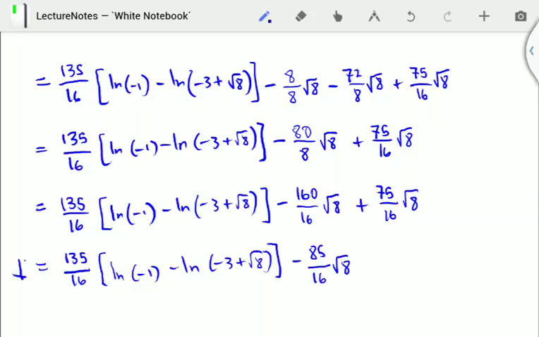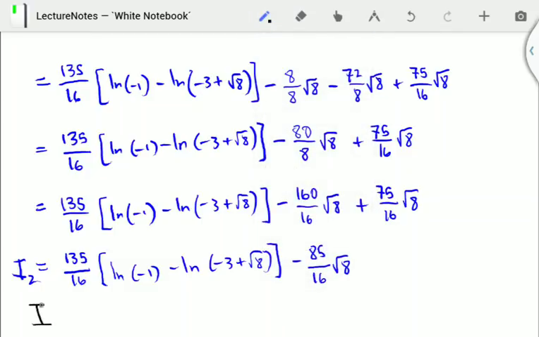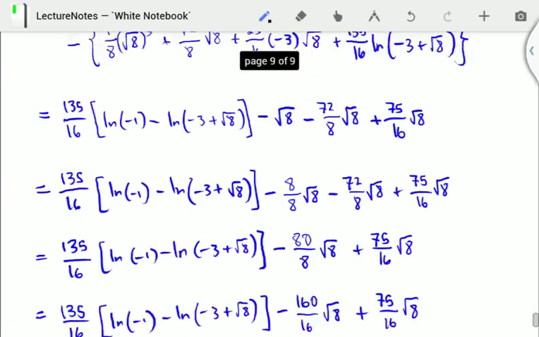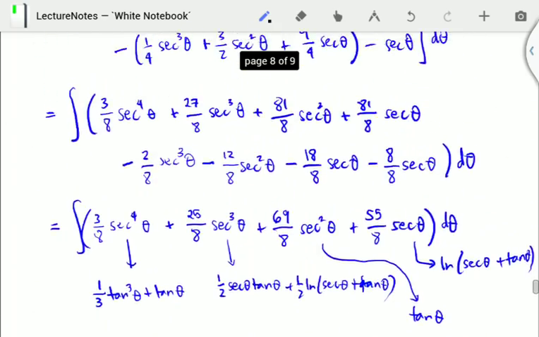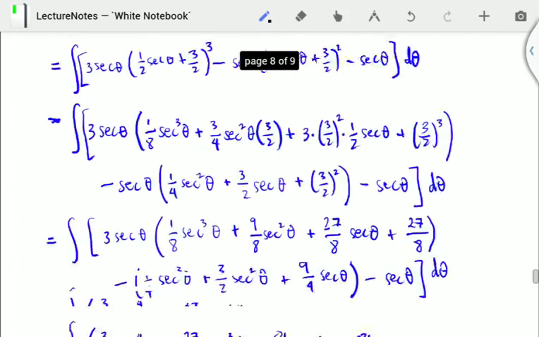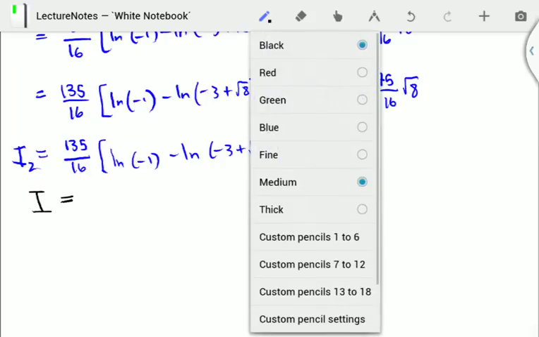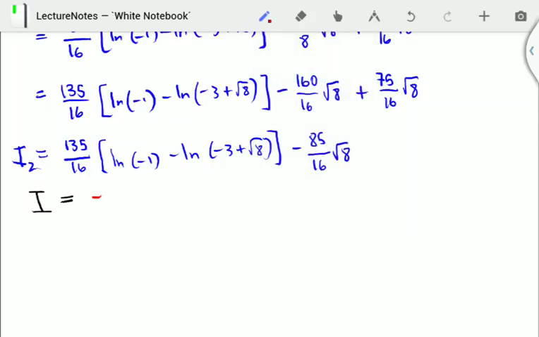This is your I2, right? So therefore, the entire integral is equal to, so what was I1 again? If you recall, I1, the red one, is negative 2 square root of 2. So let's write that here, of course in red, negative 2 square root of 2.